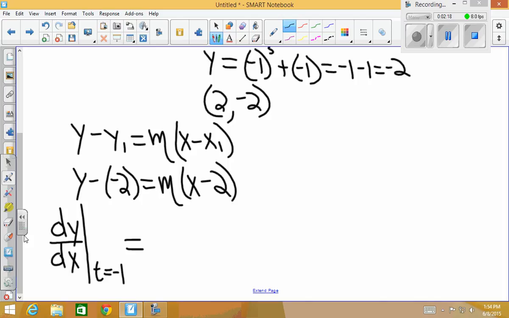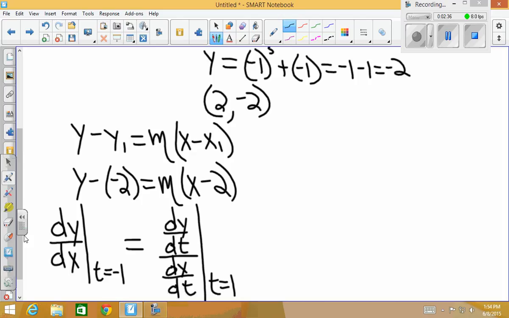So the slope of the tangent line there is going to be the derivative of y with respect to t divided by the derivative of x with respect to t. Remember, that's how we find our derivative when we're given a set of parametric equations, and we're going to evaluate that when t equals -1.